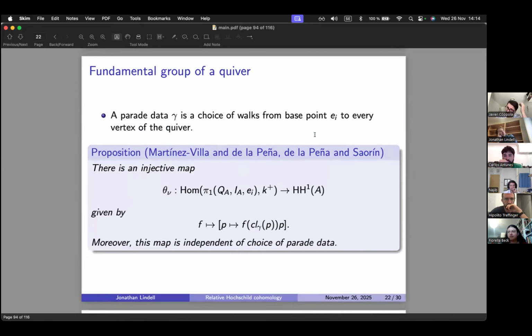I mean, it depends on the algebra, I guess. Sometimes, but I would say it's at least quicker. Xavier, I didn't understand what the question was. If the pi one is easier to compute than the Hochschild cohomology, this first group and all these Hom spaces.